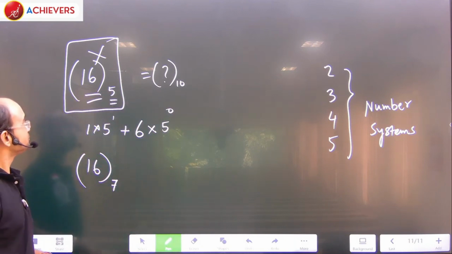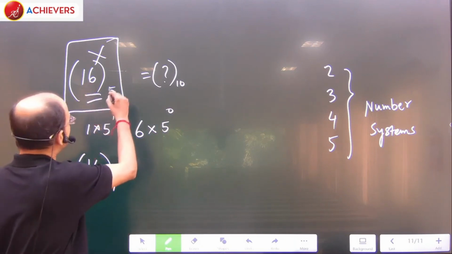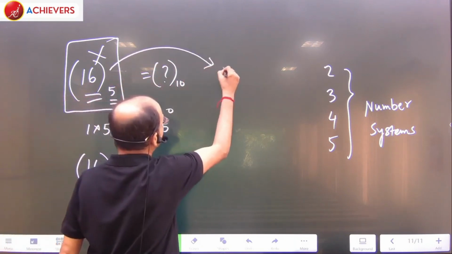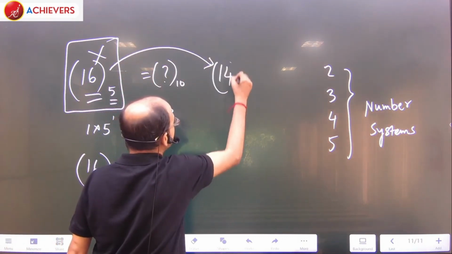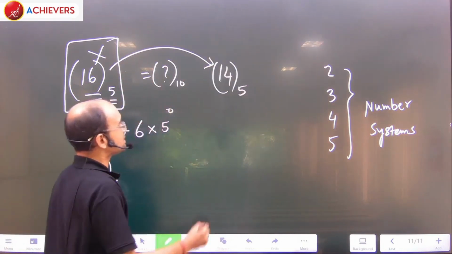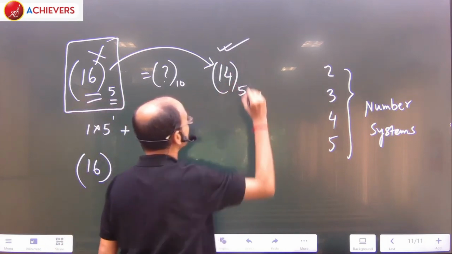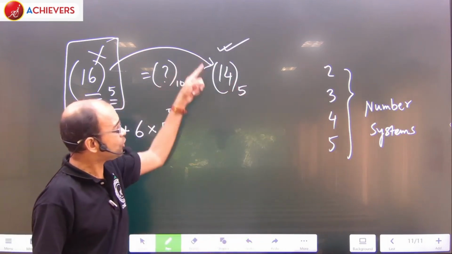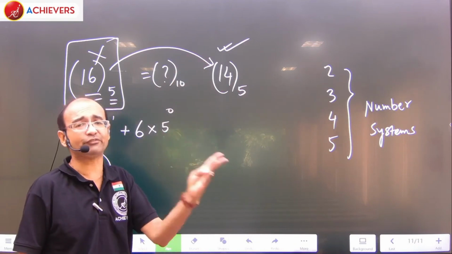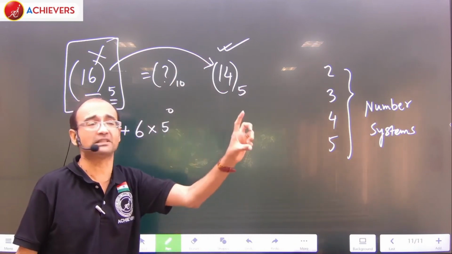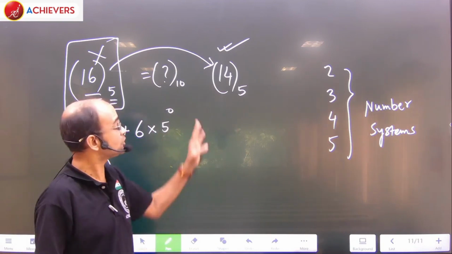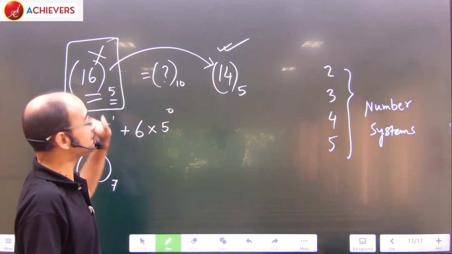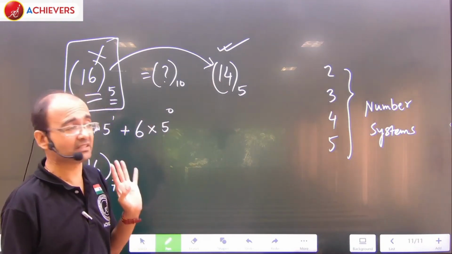Here, if in the pentanary number system instead of 16, we give 14 based on the pentanary number system, then this one is correct. How can we decode this? Because digits 0, 1, 2, 3, 4 can be represented in the pentanary number system. So this is correct, but this one is wrong. Is it clear?